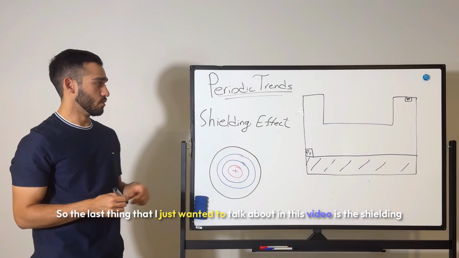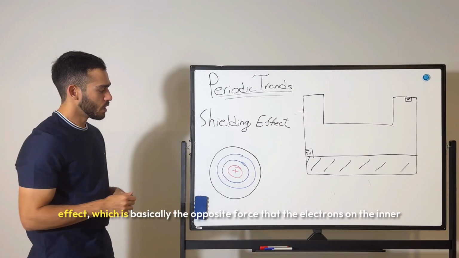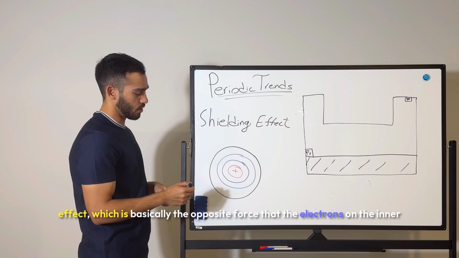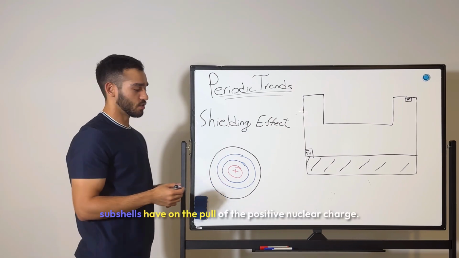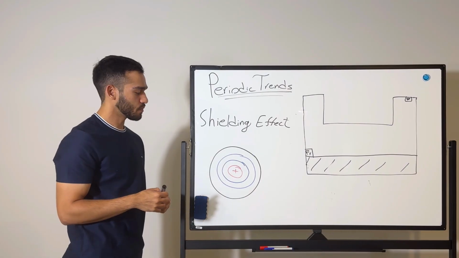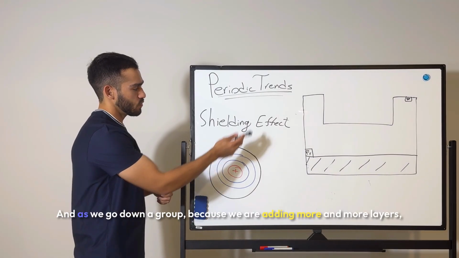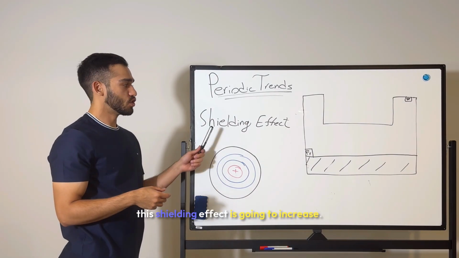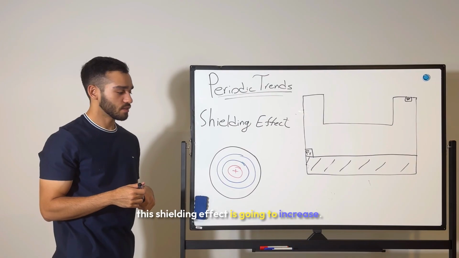So the last thing that I just wanted to talk about in this video is the shielding effect, which is basically the opposite force that the electrons in the inner subshells have on the pull of the positive nuclear charge. As we go down a group, because we are adding more and more layers, this shielding effect is going to increase.